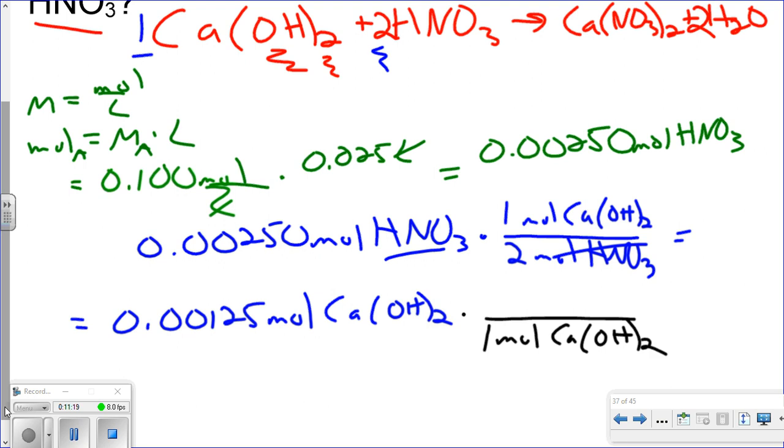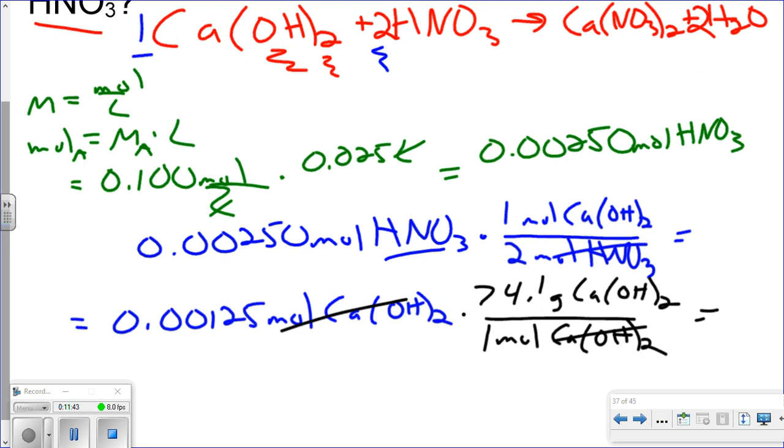So calcium, I believe, is 40.1. So take that, put that in your calculator. Plus, let's see, we have 2 oxygens. We'll call that 16 times 2. That's 32. Plus 2 hydrogens. That gives me a molar mass of 74.1. Okay? So molar mass is 74.1 grams of calcium hydroxide.